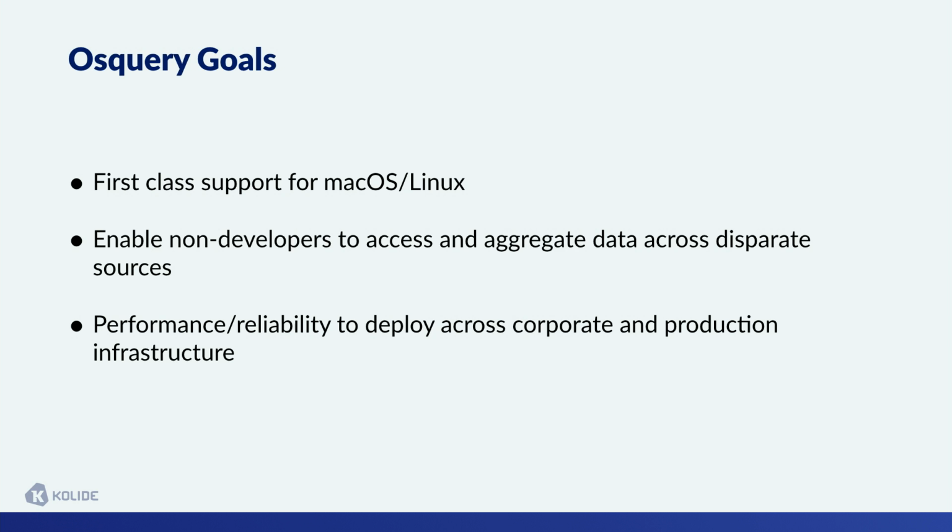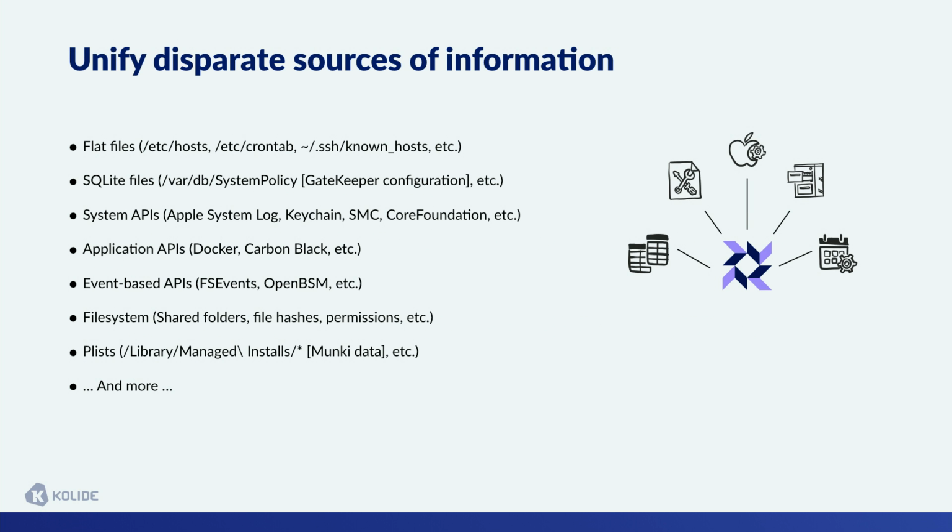One of the first class goals there is how can we get all that disparate data in a schema that makes sense to everybody while maintaining the performance and reliability across the actual infrastructure that it's deployed on. I mentioned this already, it's a little bit of an eye chart, but basically you can access nearly anything that fits into the category of security monitoring or regular IT administration from osquery.